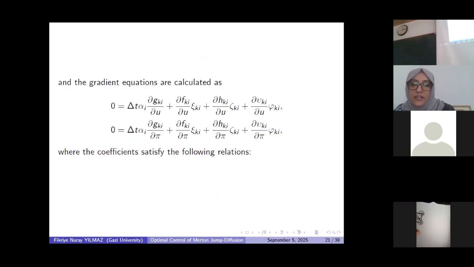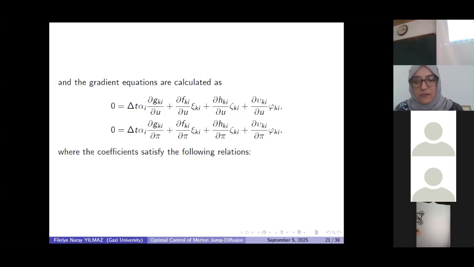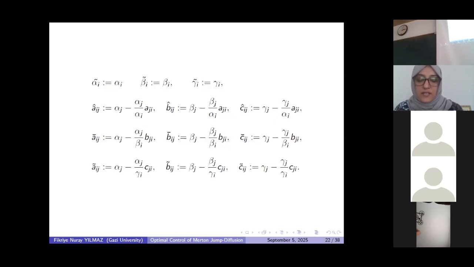So these equations are calculated from the derivative of the Lagrangian with respect to u, setting it to 0 actually. Since we have two different control variables, we have two different gradient equations actually.